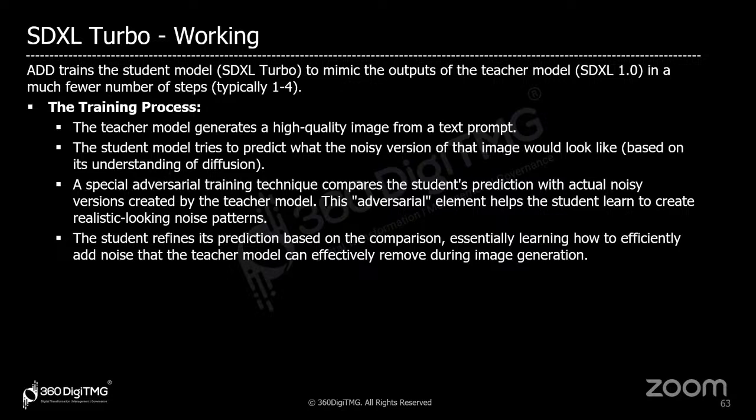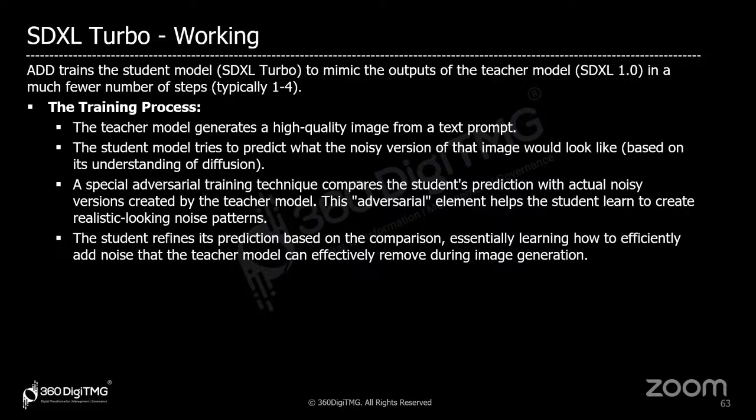Then the student model tries to predict what the noisy version of that image would look like. Then a special adversarial training technique compares the student's prediction with the actual noisy versions created by the teacher model.